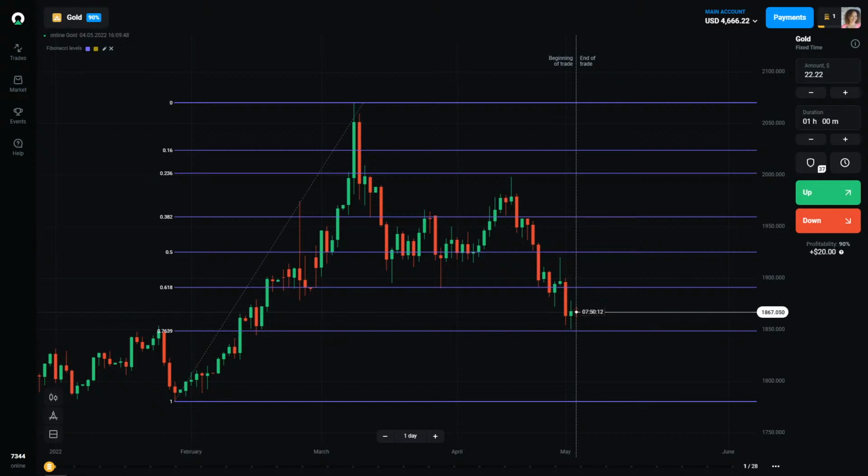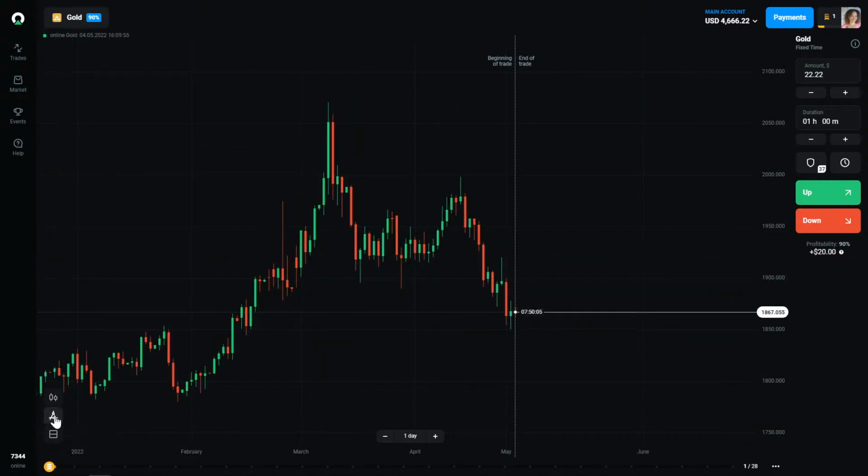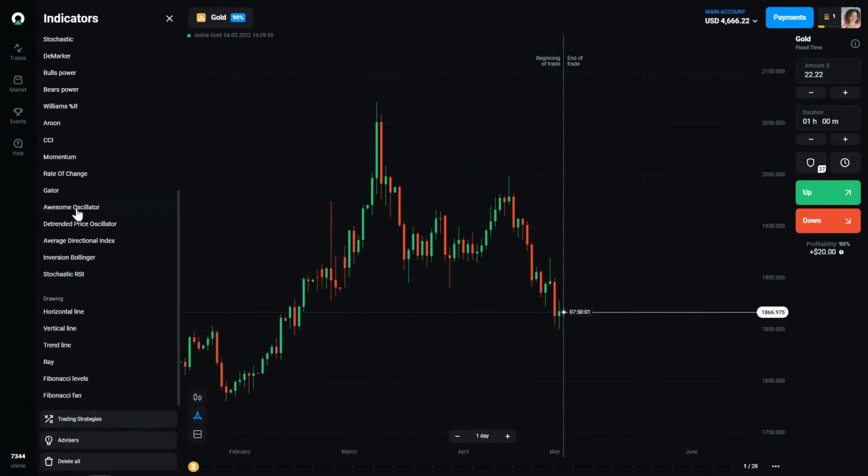So let's take a look at how to apply the indicator. Okay, let me go ahead and delete it. You can find it in the indicator section. Just scroll all the way down to drawing tools, and right here you can choose Fibonacci levels.